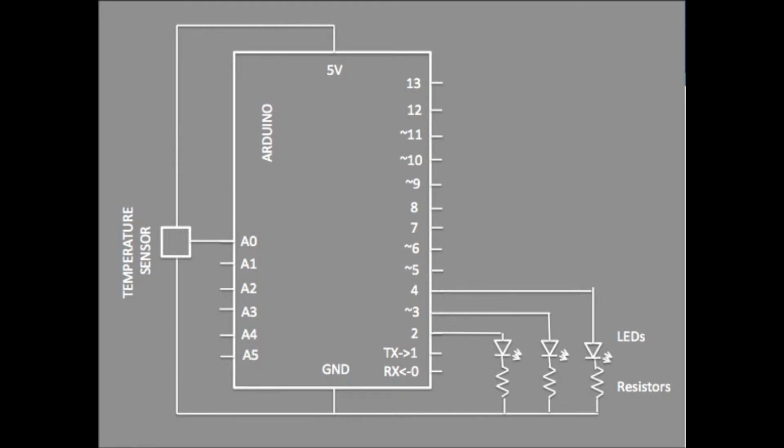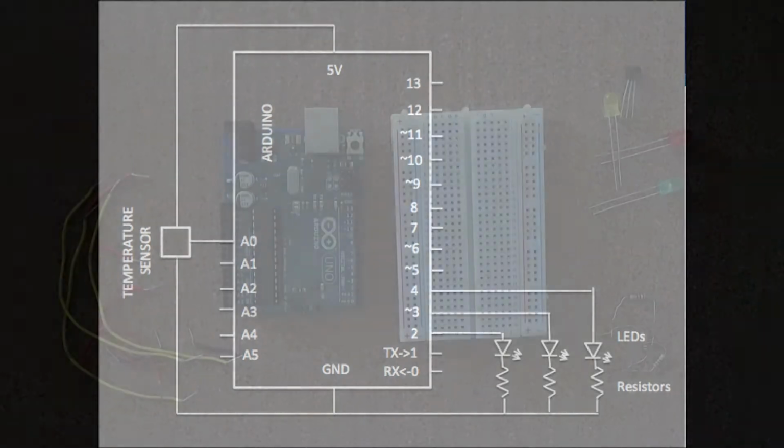The most important part of this diagram is the temperature sensor over here. Notice that it connects to 5 volts, and it connects to ground. It also has a pin that connects to A0, which is a pin you will find on the left side of your Arduino board. So now you have the big picture down, let's move on to actually building the circuit.